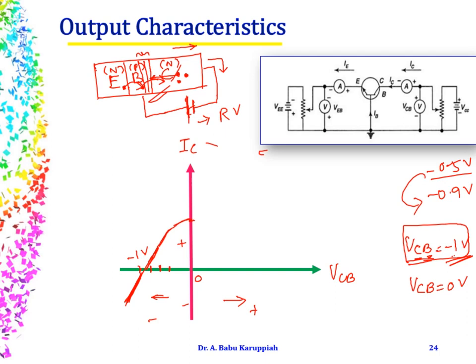And thereafter, even if you increase your collector base voltage, we had already seen the concept of punch through. The depletion region starts widening. That will not stop the electrons from the emitter flowing into the collector, because the electrons become minority carriers when they come to the base, and it becomes very easy for the minority carriers to cross the depletion region and come to the collector region.